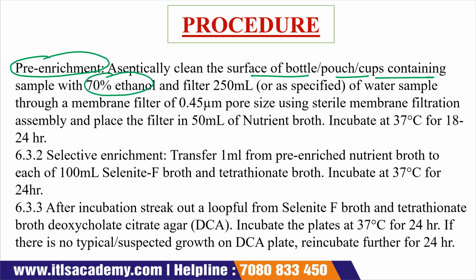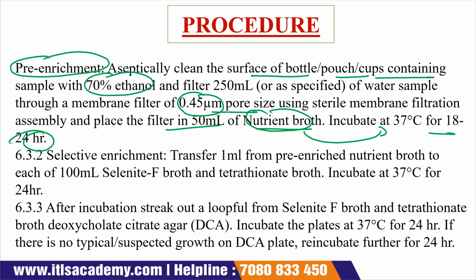Then after that, we filter it with the help of filter paper, whose pore size will be around 0.45 micrometer. And then we assemble and place this filter paper into 50 ml of nutrient broth, and after placing it into the nutrient broth, we incubate it at 37 degrees Celsius for 18 to 24 hours.